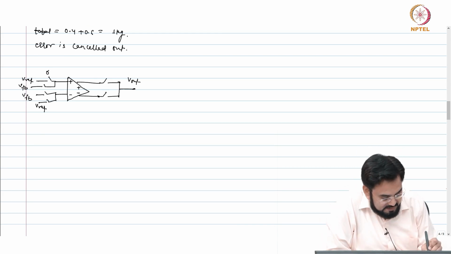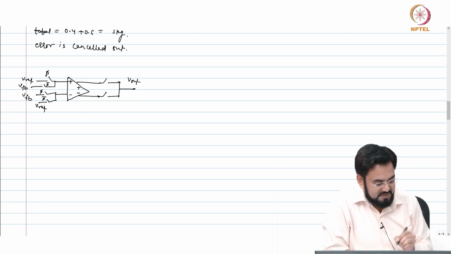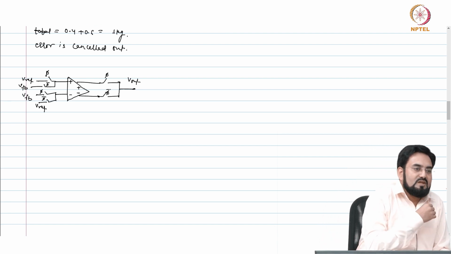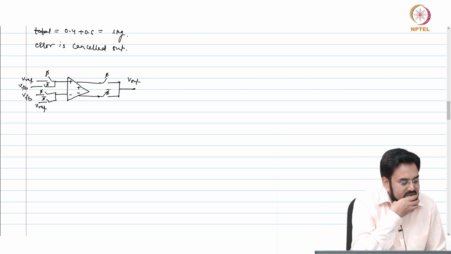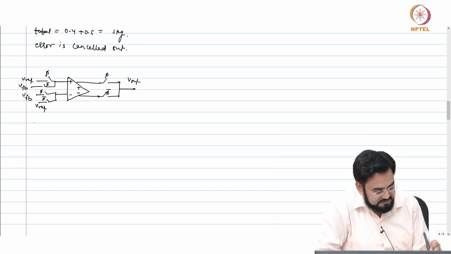So let's see, at phi this is Vref, this is VFB, at phi bar this is VFB, this is Vref. So at phi this is V out, and sorry, and at phi bar. Okay, you change inputs and outputs both, so your negative feedback will be maintained and your offset will be cancelled out.